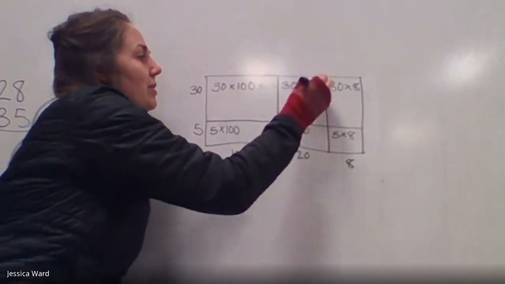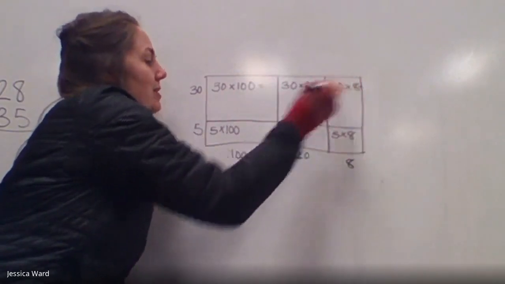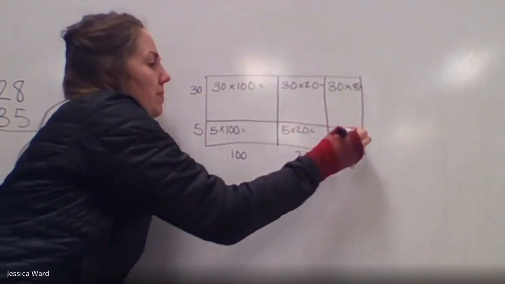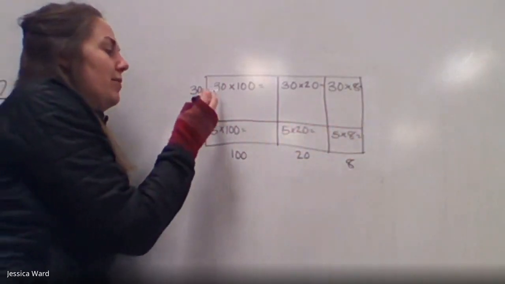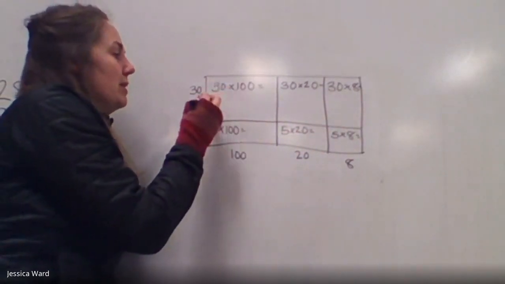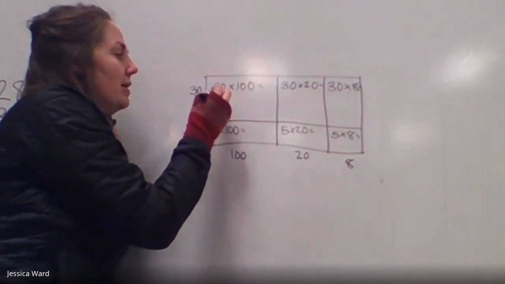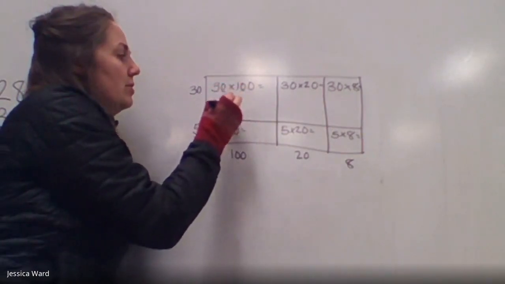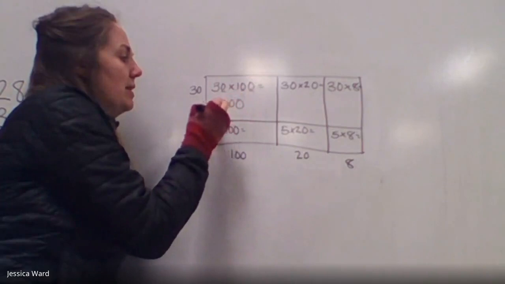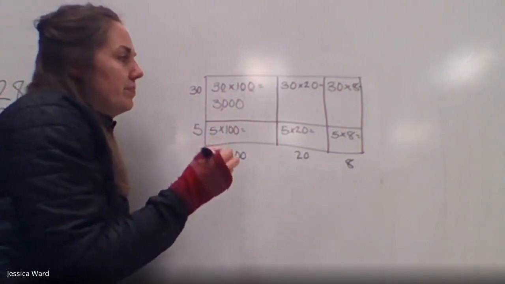So now if I were to go through and solve each of these, I'm going to think of 3 times 1 is 3, add in 1, 2, 3 zeros to make it 3,000.